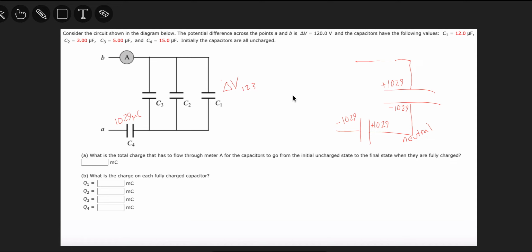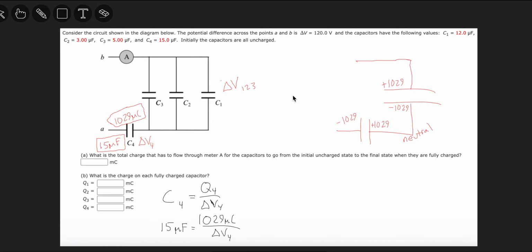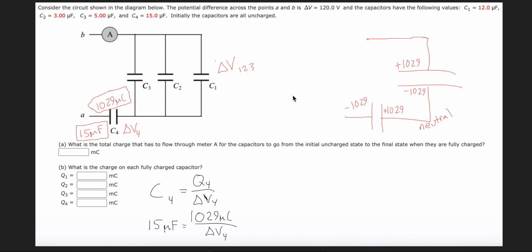All right, we have everything we need to solve for delta V. So we'll have 15 microfarads equals 1029 microcoulombs over delta V4. All right, it's going to be 69 volts. Okay, 69 volts across that particular capacitor.